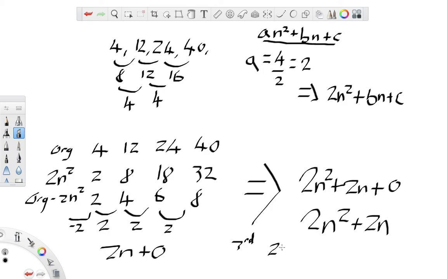So that would be 2 times 3 squared plus 2 times 3. Well, 2 times 3 squared is 18. And then plus 2 times 3, so plus 6. Well, that is 24. So we know that we must have done it right because our answer is giving us values from the original sequence.